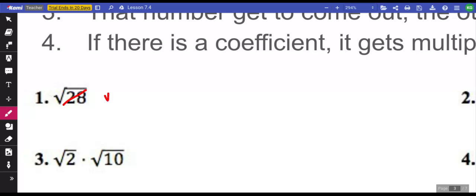Well, looking at my perfect squares, I know that 4 times 7 would be a perfect square times a prime. And so then I asked myself, okay, can I break that up? Yes, I can break it up into square root of 4 times the square root of 7. And I know the square root of 4 is 2, and I know that 7 is a prime, and so it has to stay under the square root.